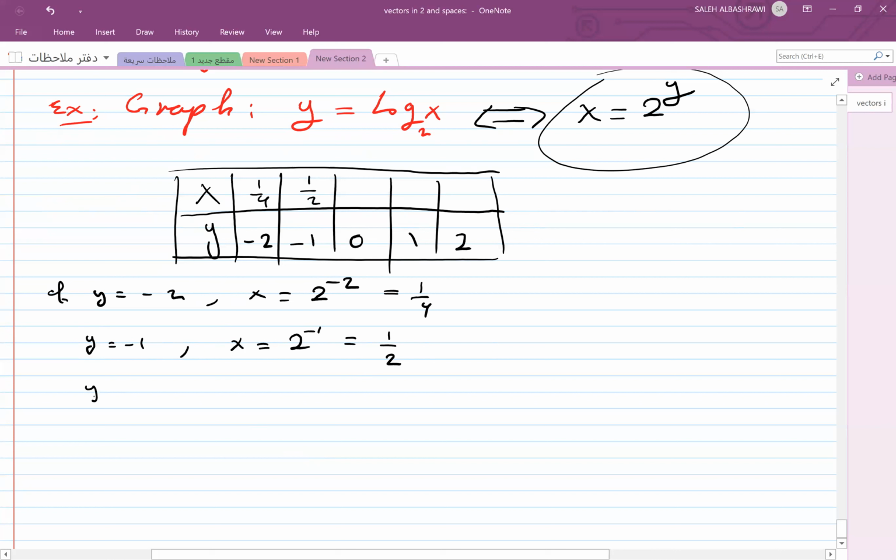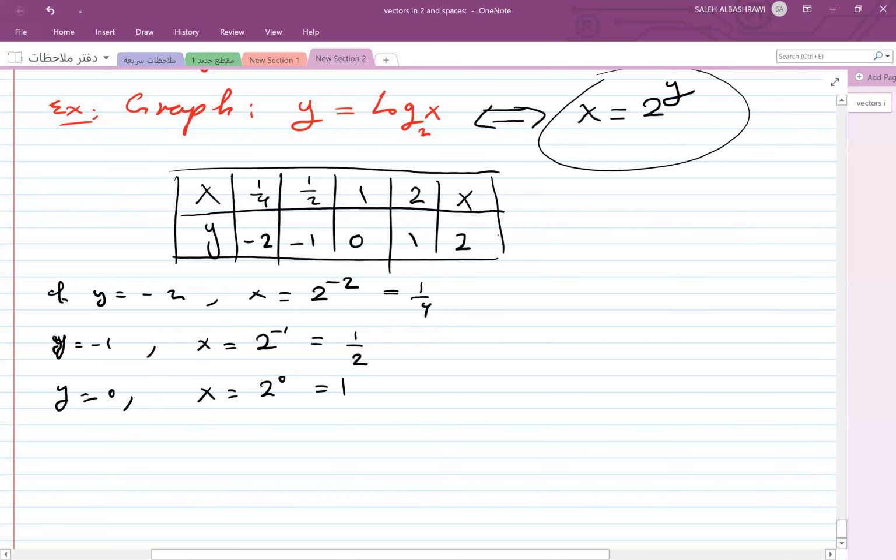If y equal to 0, then x will be 2 to power 0, which is equal to 1. And if y equal to 1, I will have x equal to 2. And if y equal to 2, then x equal to 4.